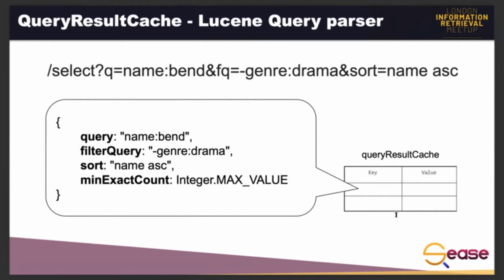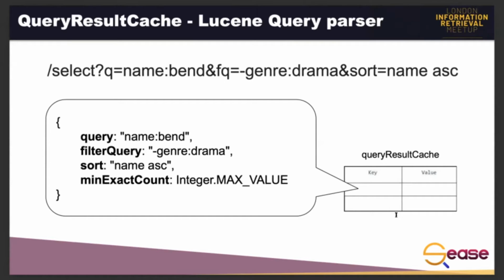We have a query. I forgot to write it in the slide, but we are in a film collection. I want to get all the films that contain band in the name. I don't want drama films, and I want all the results sorted by name.